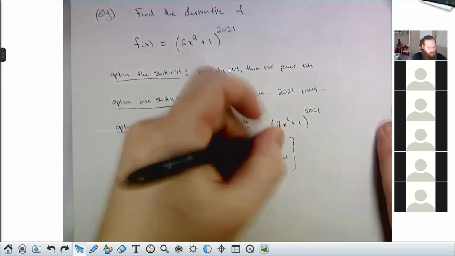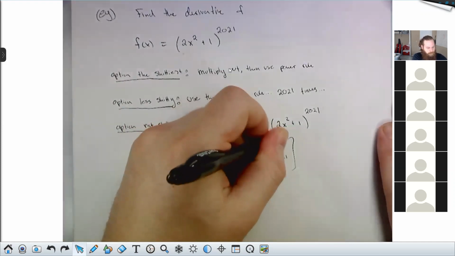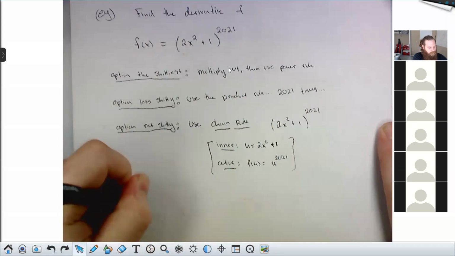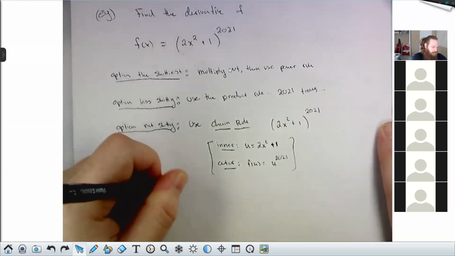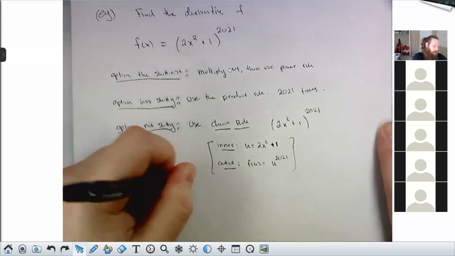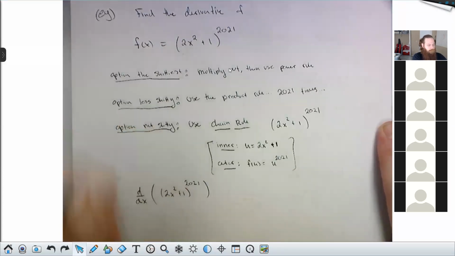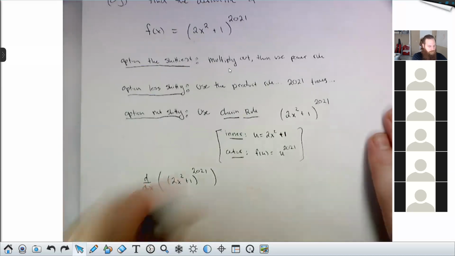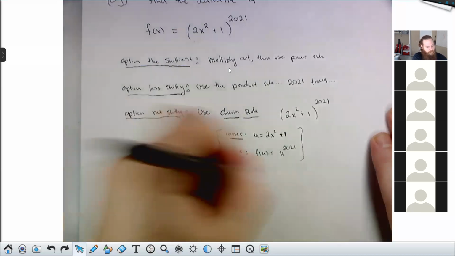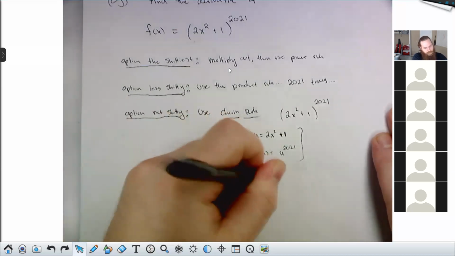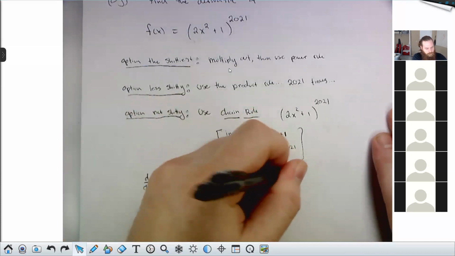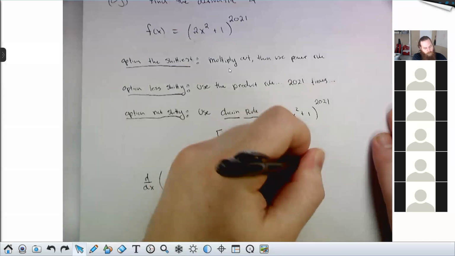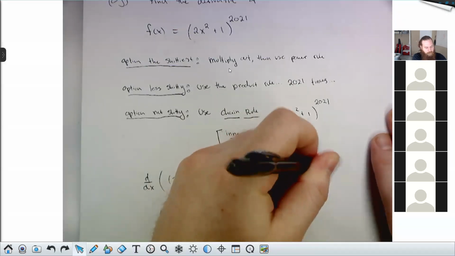So if I want to differentiate this function, I can differentiate the outer, leaving the inner alone. That means I'll bring that power down. I'll leave the inside alone. And I'll reduce the power by 1.